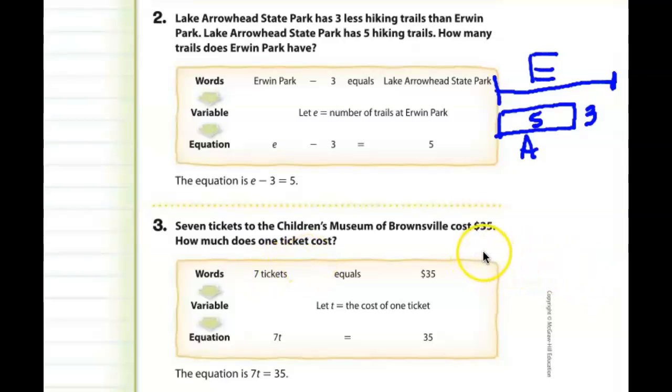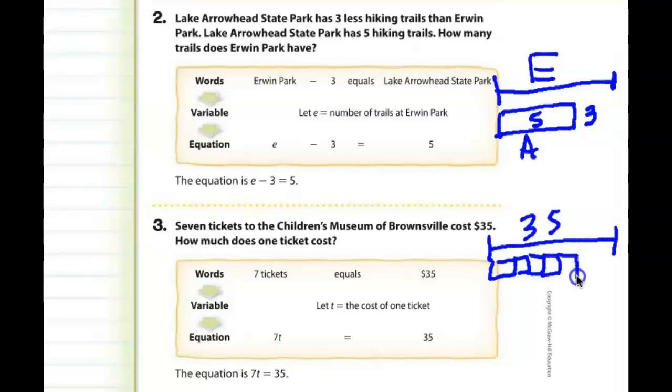So the total amount spent is $35. And they bought 7 tickets, so you're going to draw 7 boxes. 1, 2, 3, 4, 5, 6, 7. We want to know how much 1 ticket costs. So we want to break 35 into 7 equal pieces. So you can do a couple different equations here, but what they have written, 7 tickets equals $35.